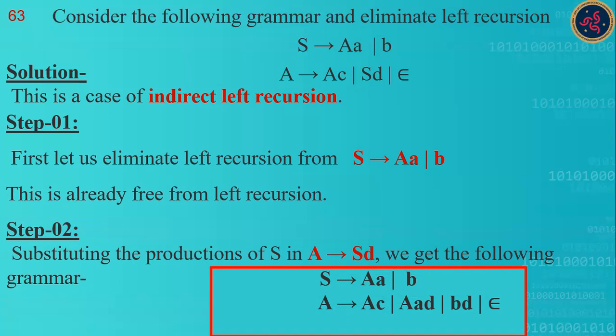So this is the immediate left recursion: A gives A alpha 1 or A alpha 2 or beta 1, beta 2, where epsilon is beta 2. Now we can apply the rule to remove the left recursion.